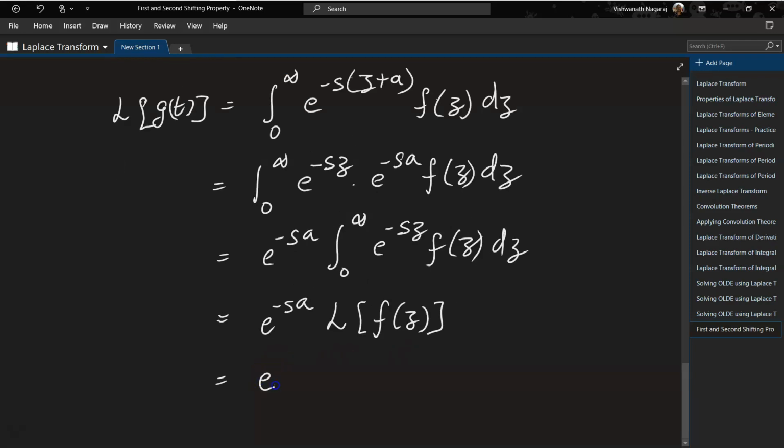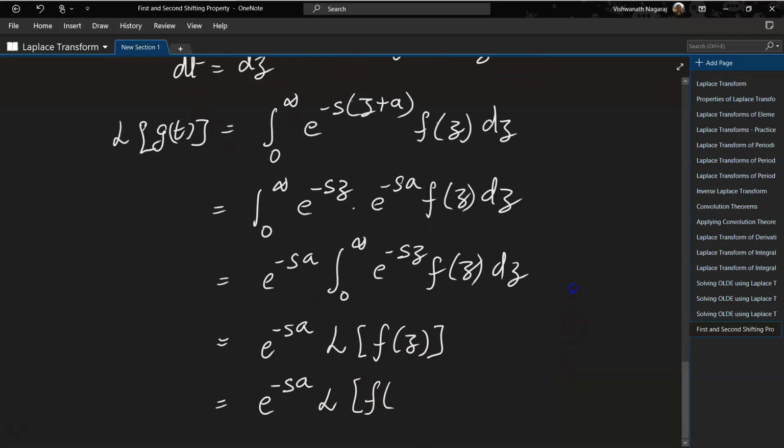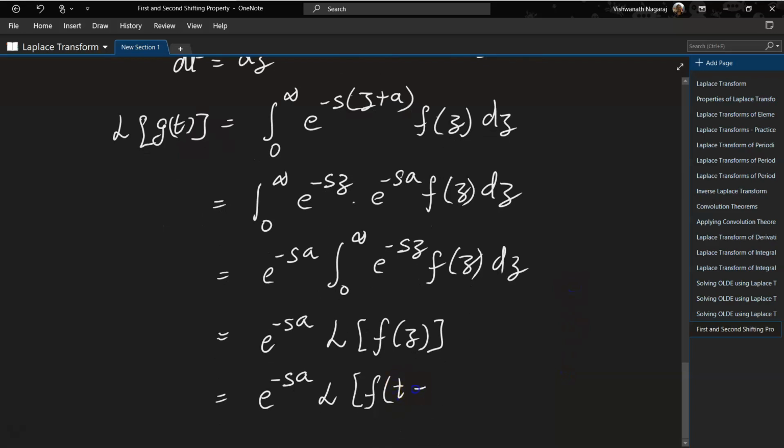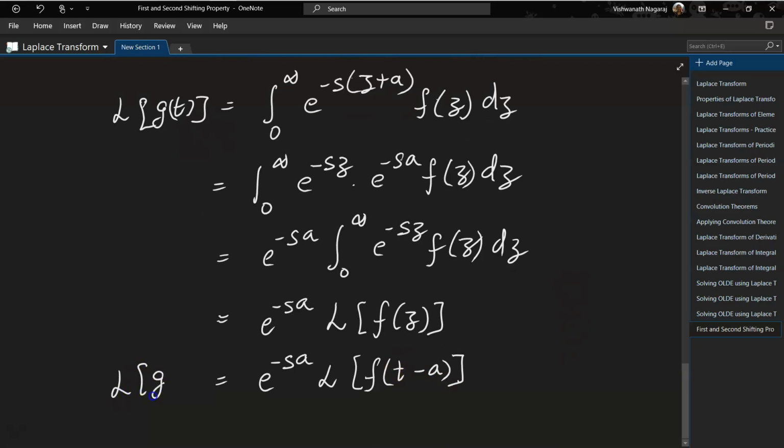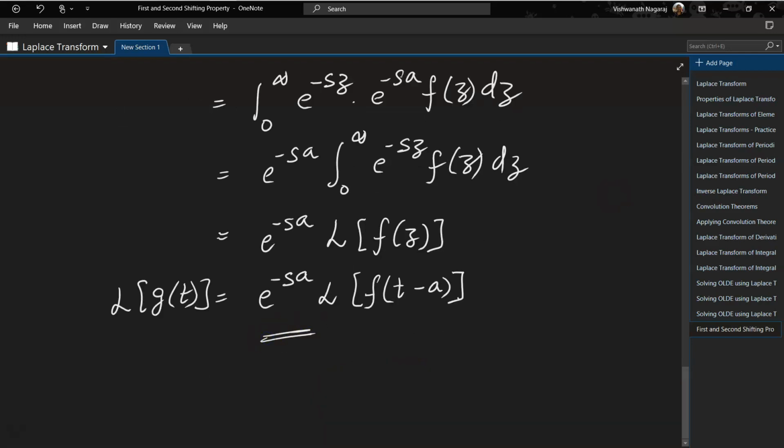And let's substitute back z. So minus sa Laplace of f of z is what? T minus a. So Laplace of g of t is equal to e to the power of minus sa times Laplace of f of t minus a, which is what we had to prove.